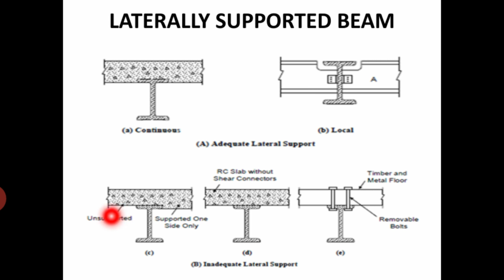So these are called as laterally unsupported beams. They are inadequate lateral support. Here also look at here, just the concrete is being placed and just temporary arrangements are being made in this beam. Hence these are laterally inadequate beams.